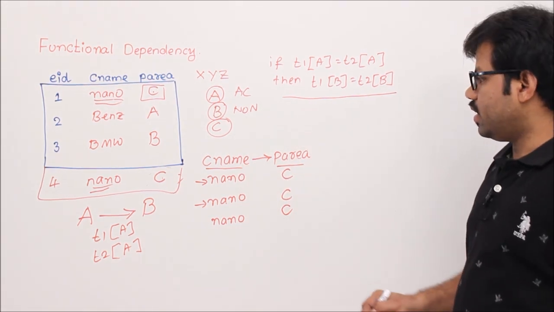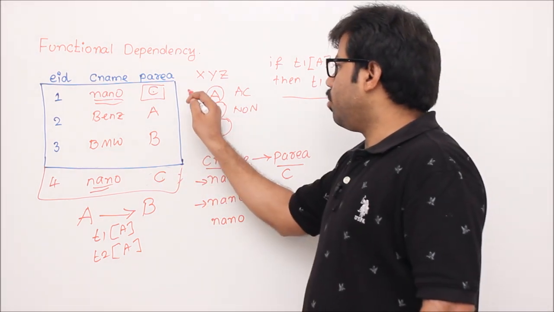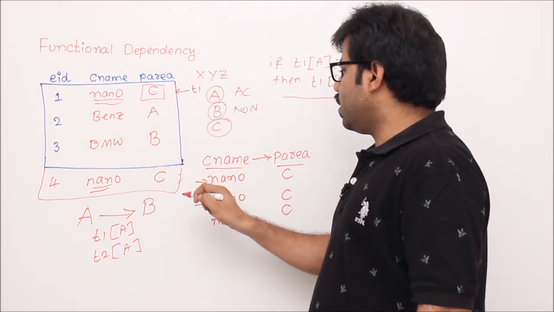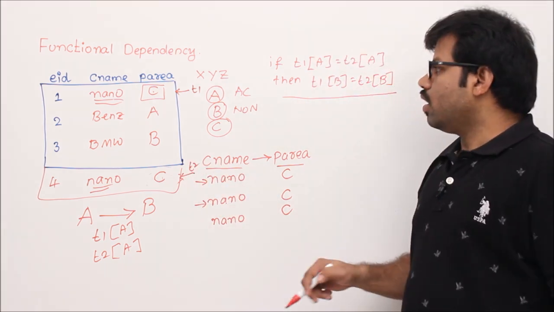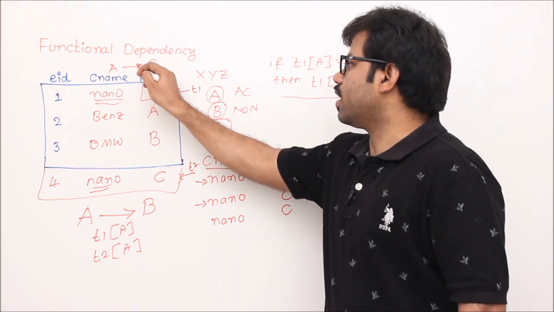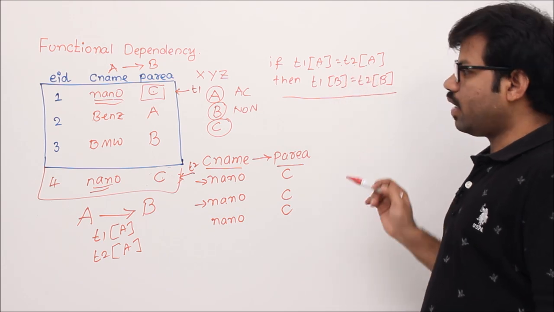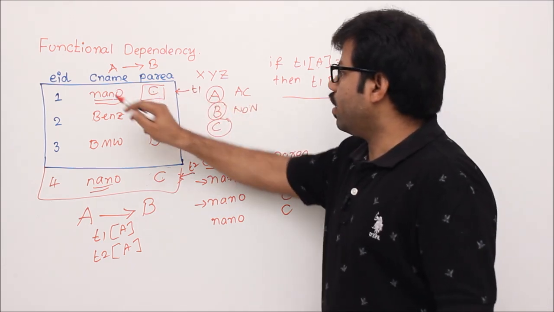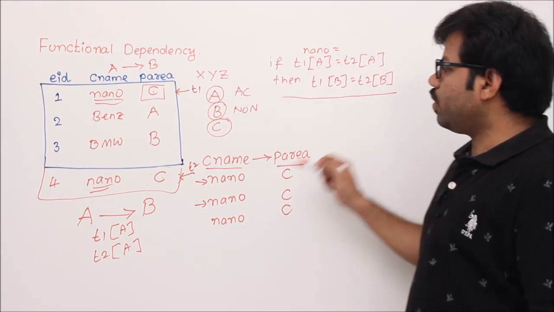Why? We'll check. Whenever car name, let's see these two tuples. Tuple number 1, this one, and this is tuple number 2. Just apply the rule. Tuple 1 of A, this is A, this is B. Car name determines parking area. So tuple 1 of A equals tuple 2 of A. Correct or not? Tuple 1 of A is Nano, equal to tuple 2 of A. What is tuple 2?